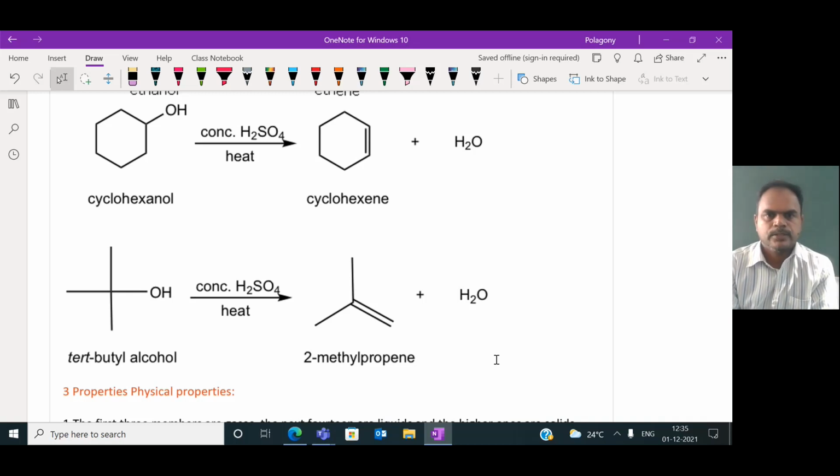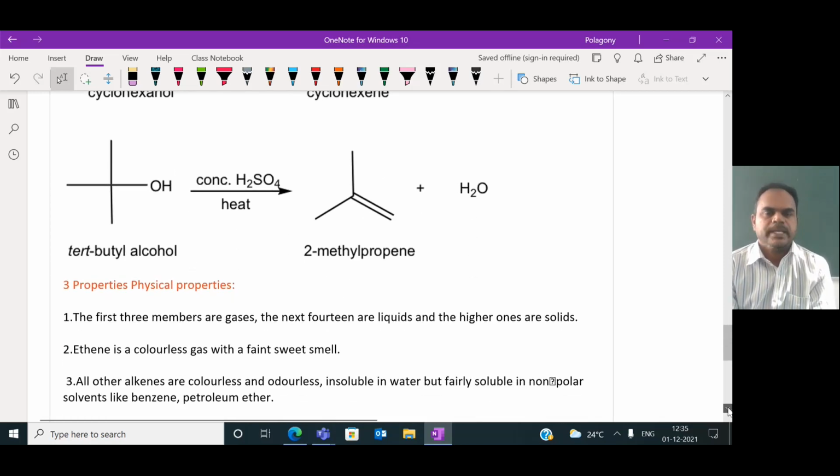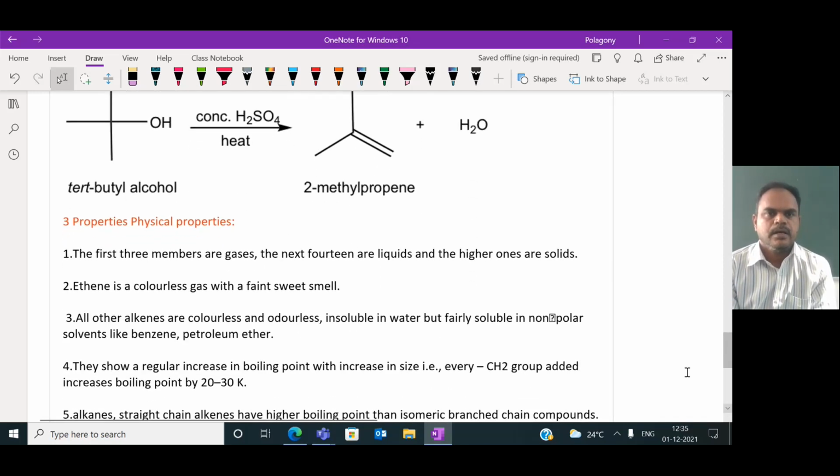Tertiary butyl alcohol will give 2-methyl propene. Cyclohexanol will give cyclohexene. This is the dehydration process. Removal of a water molecule from the alcohols will produce alkenes.